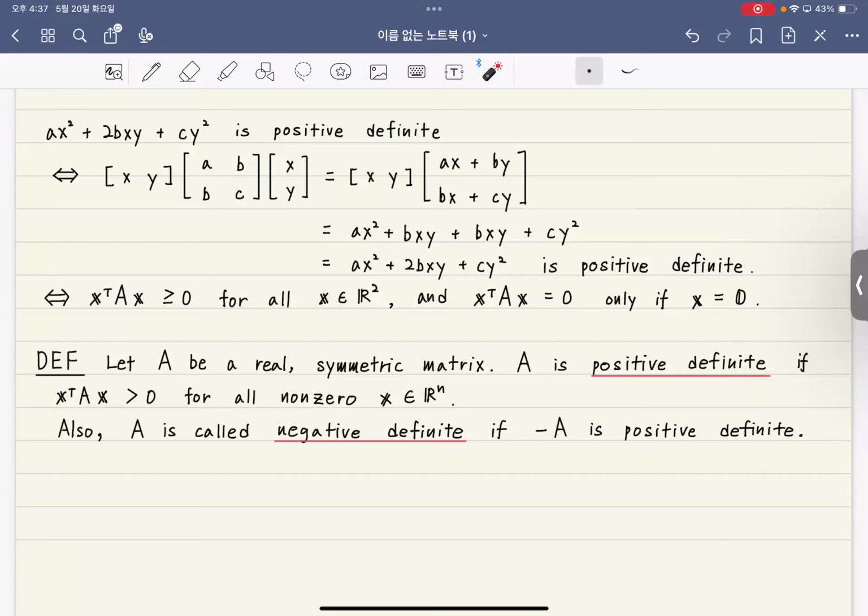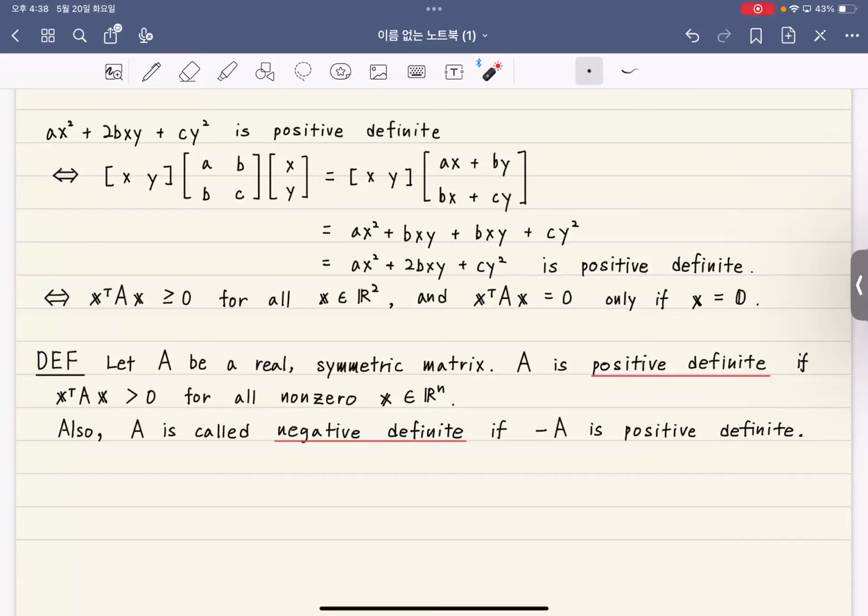Well, if x equals the 0 vector, then this equals 0. Okay, clear, obviously. But if this number is greater than 0 for all non-zero x, then we say this matrix is positive definite. And also there is the notion of negative definite, if minus A is positive definite.